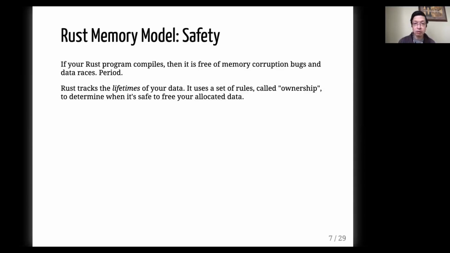So it keeps track of when your data is created, when it is borrowed and used, and it tries to prevent unsafe use and sharing of your data. And it tracks when your data is no longer used, so it knows when to free it, right? This talk is not going to be about this, but this will be important to remember when we talk about allocating memory.